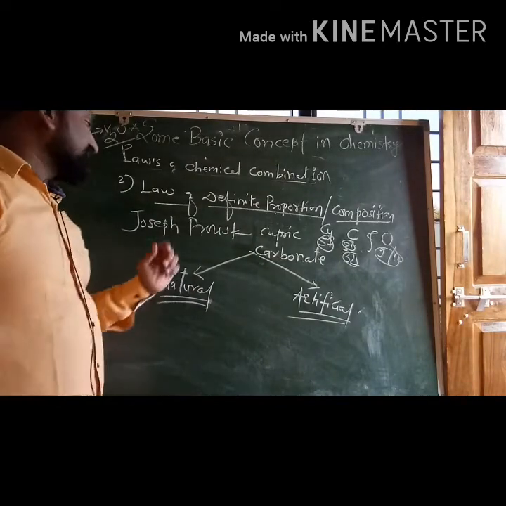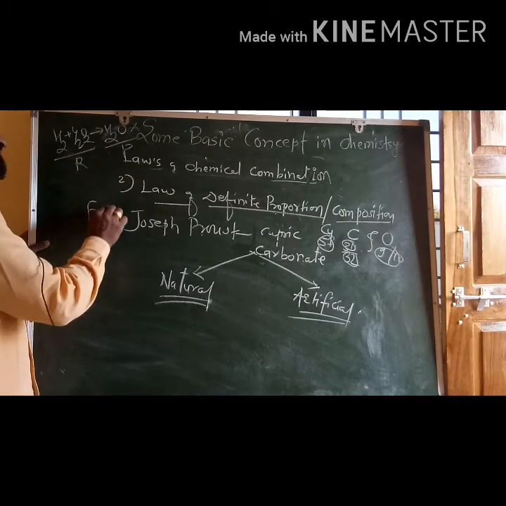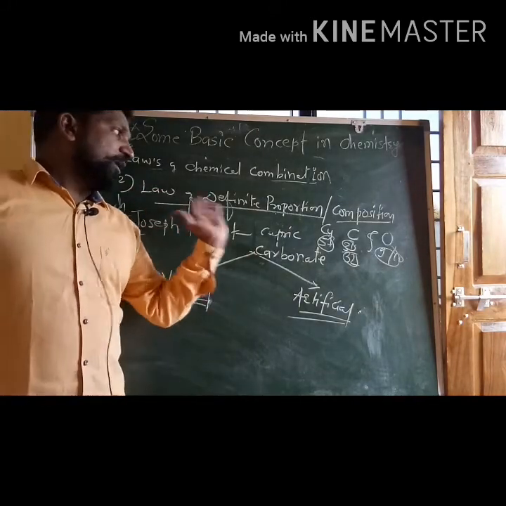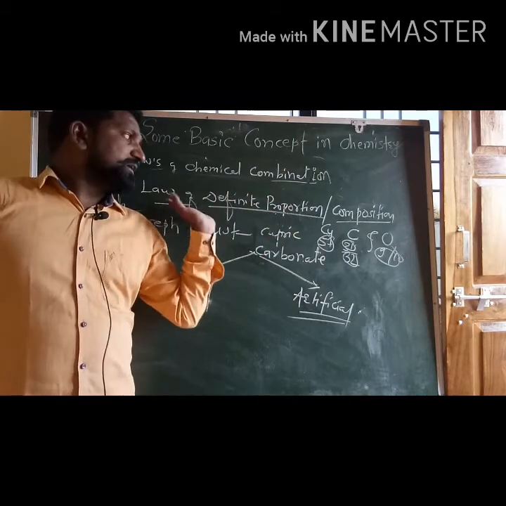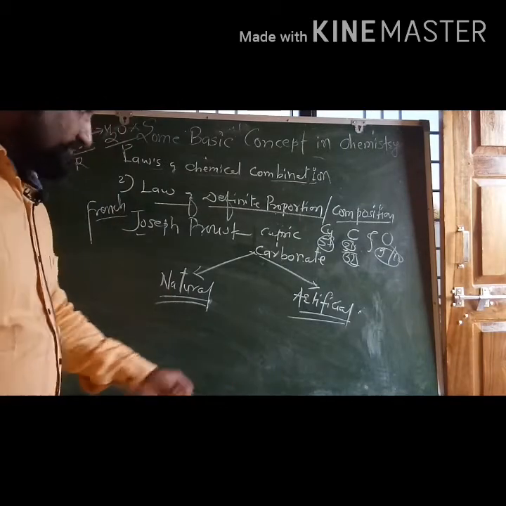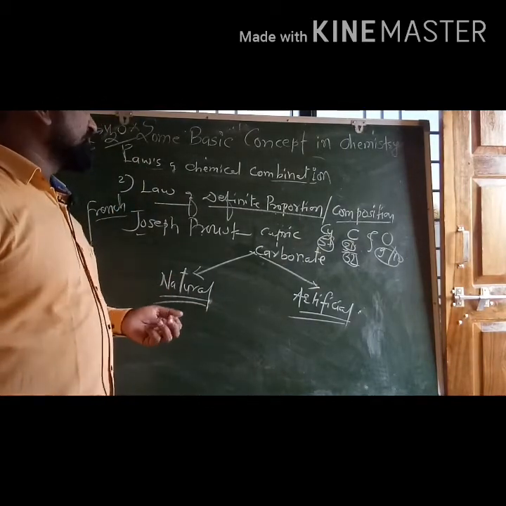This was suggested by the French scientist Joseph Proust, and that becomes the law of definite proportion or law of definite composition. Okay, so we will see the next law of chemical composition.